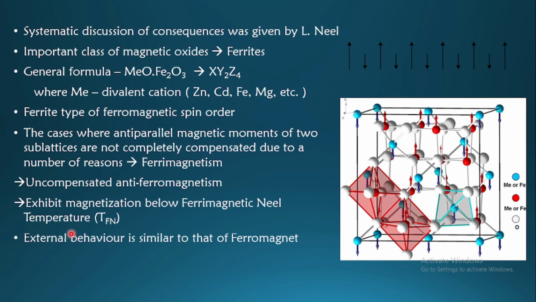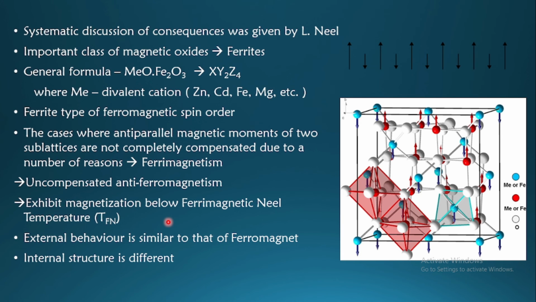If we understand the behavior, the external behavior is almost similar to that of a ferromagnet, due to which we say it is a special case of ferromagnetic material. But the difference comes in the internal structure. Due to this difference in internal structure, the temperature dependence of spontaneous magnetization is also a little bit different.